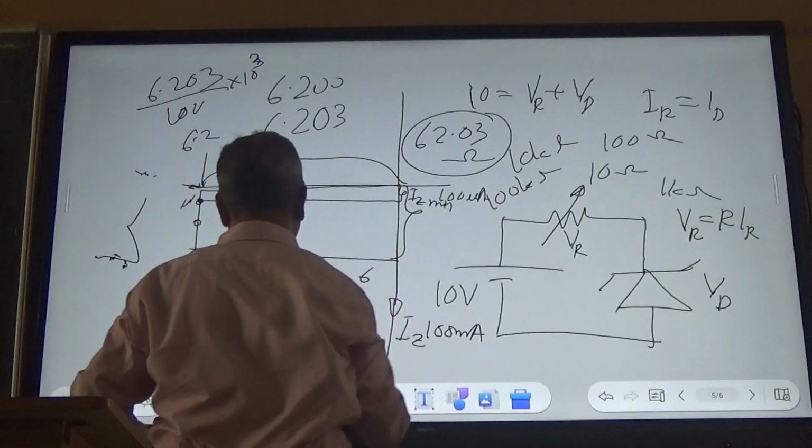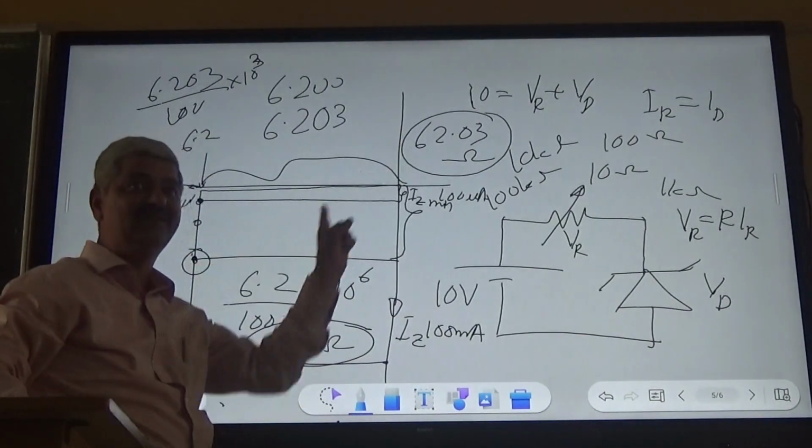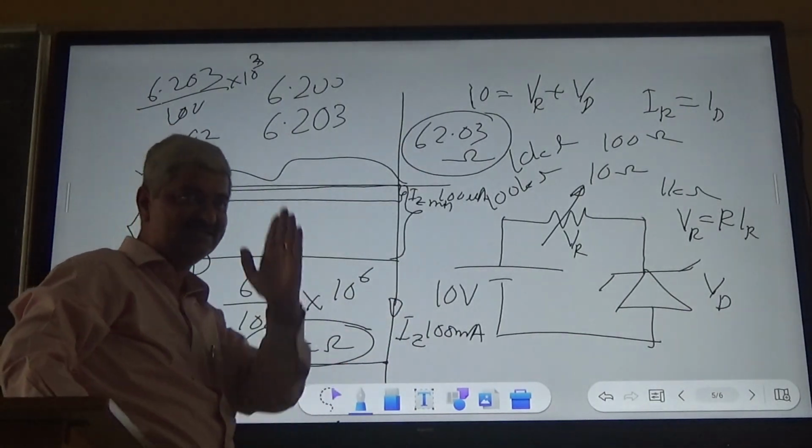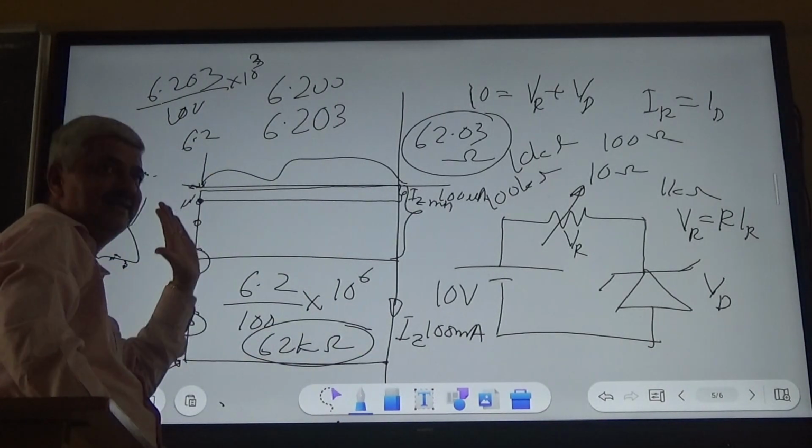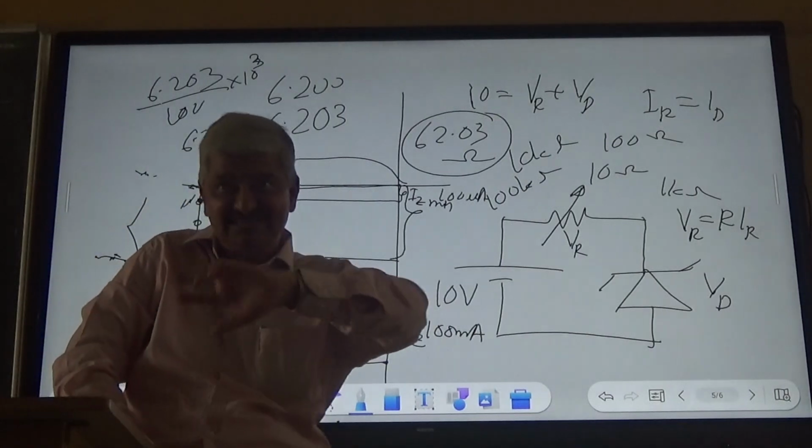So just see how it adjusts itself. This is something magical, exactly what we wanted, wherein it adjusts itself.